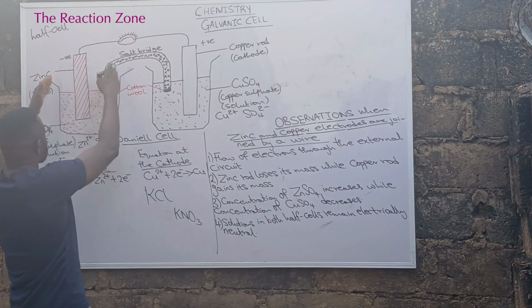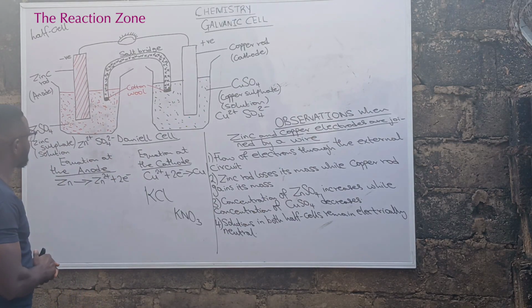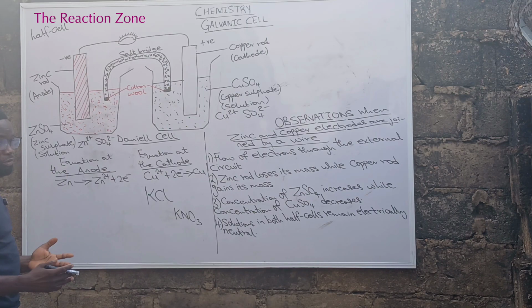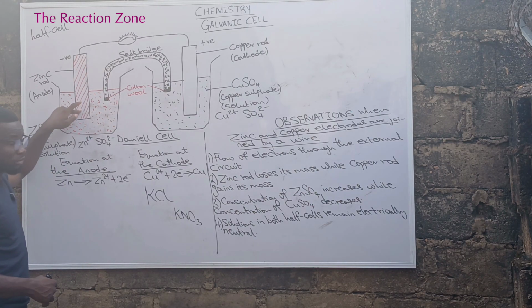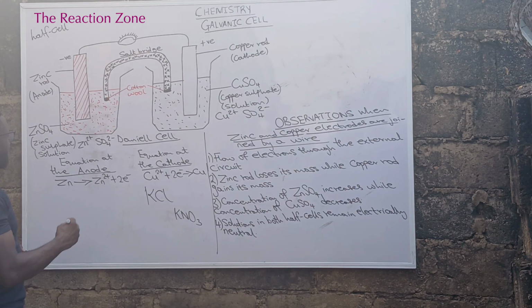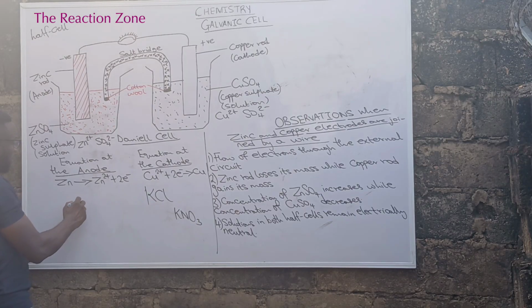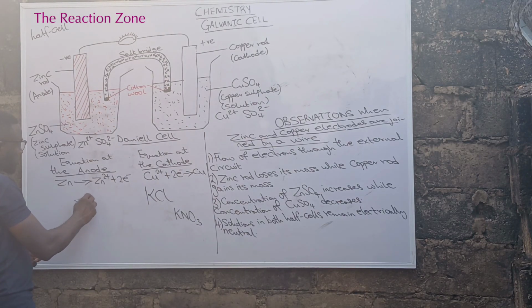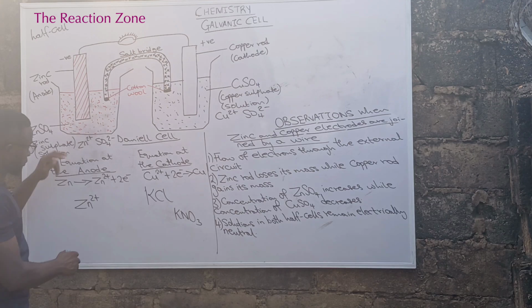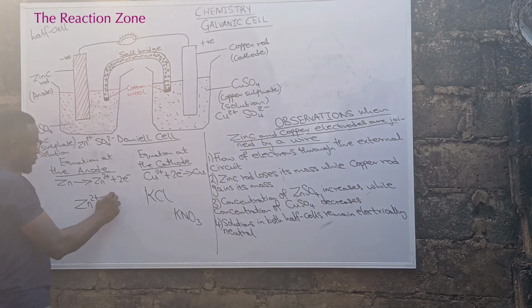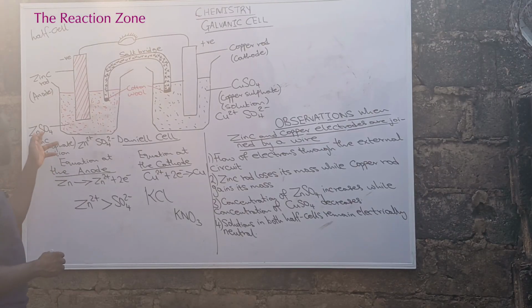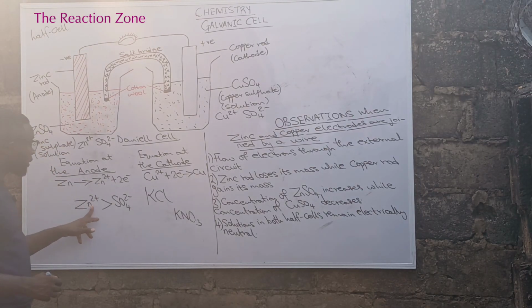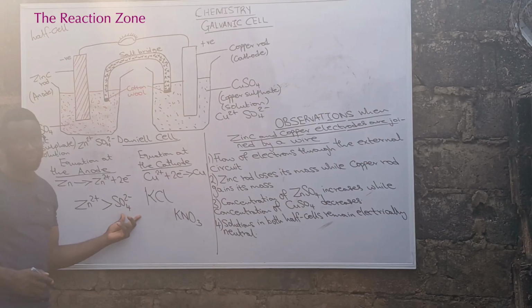Let us start with the zinc half cell. In the zinc half cell, we know already that zinc atoms will lose electrons and go into the solution as zinc ions. That will obviously bring about a situation where the concentration of zinc ions in this solution will be greater than the concentration of sulfate ions, because let us not forget that zinc sulfate is made of zinc ions and sulfate ions.